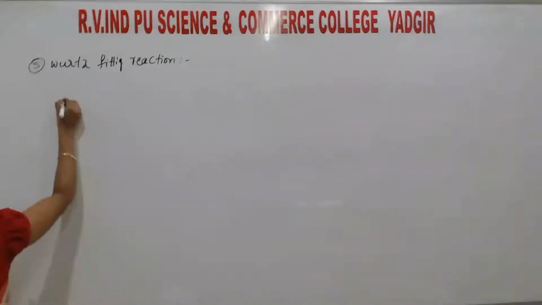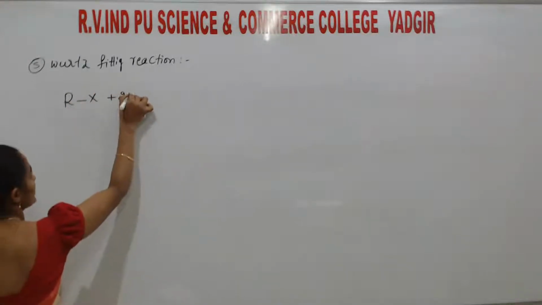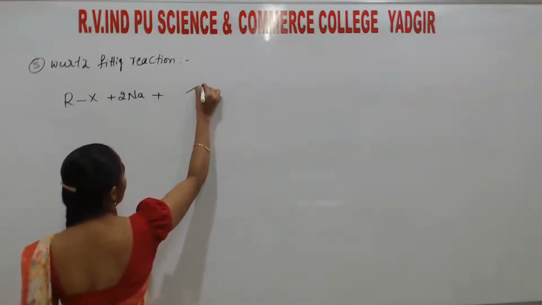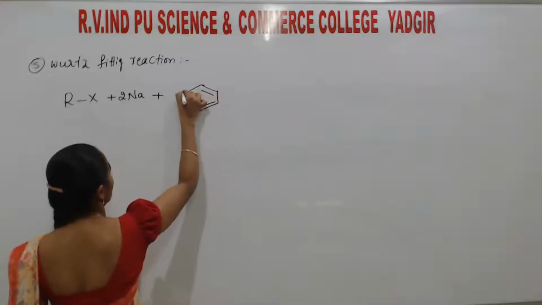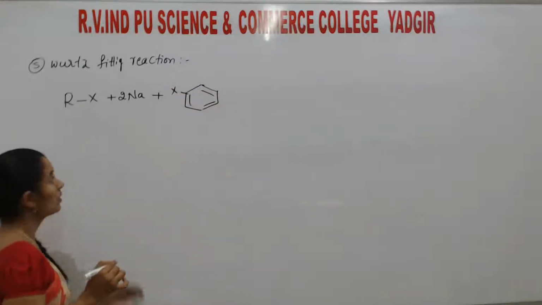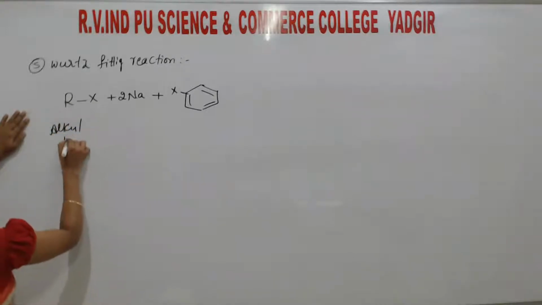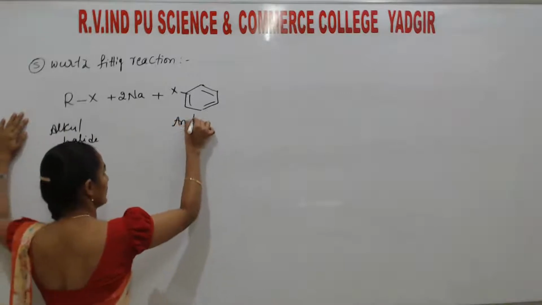So here, alkyl means RX, that's 2Na. Another one is aryl. Alkyl halide, aryl halide.